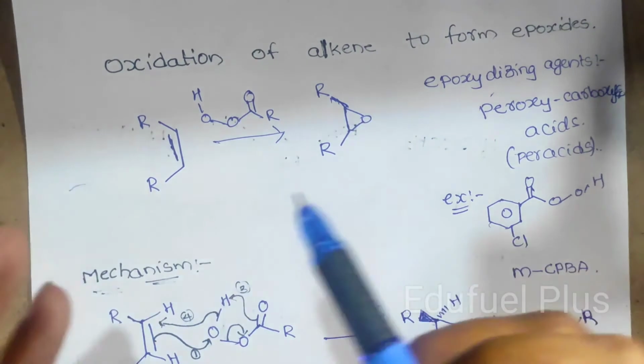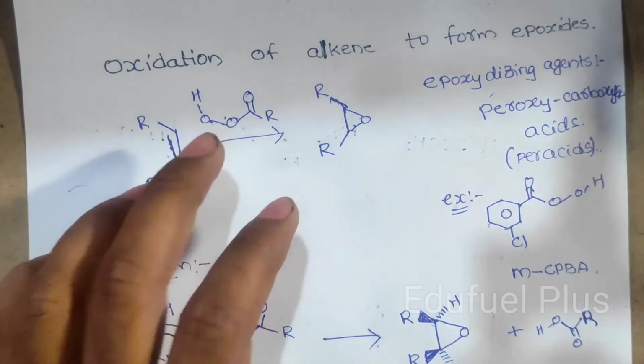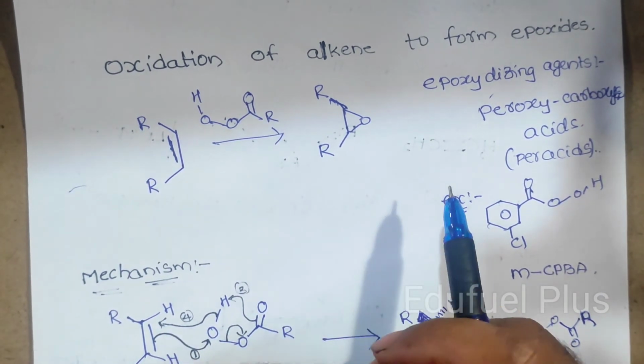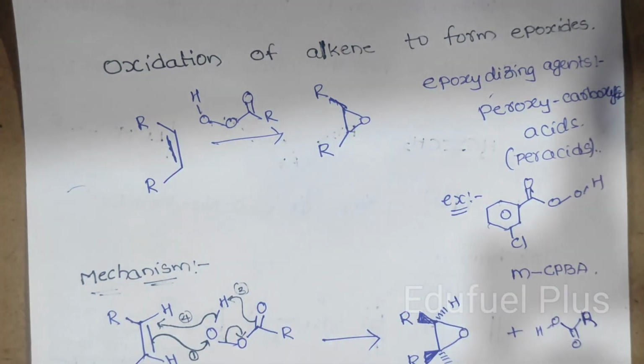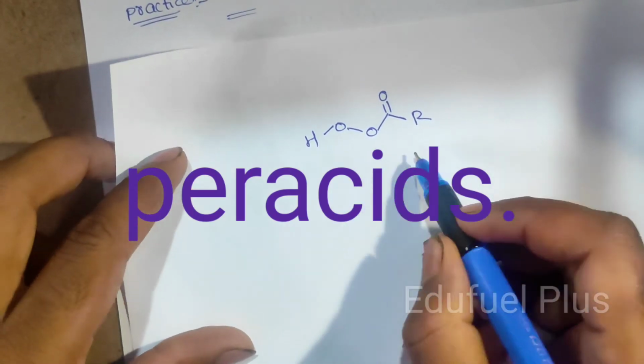Here we are taking alkene as a nucleophile, and I hope everybody knows H2O2, that is hydrogen peroxide. By removing these hydrogens and replacing them with different alkyl groups and also a carbonyl group, we are having a peracid.